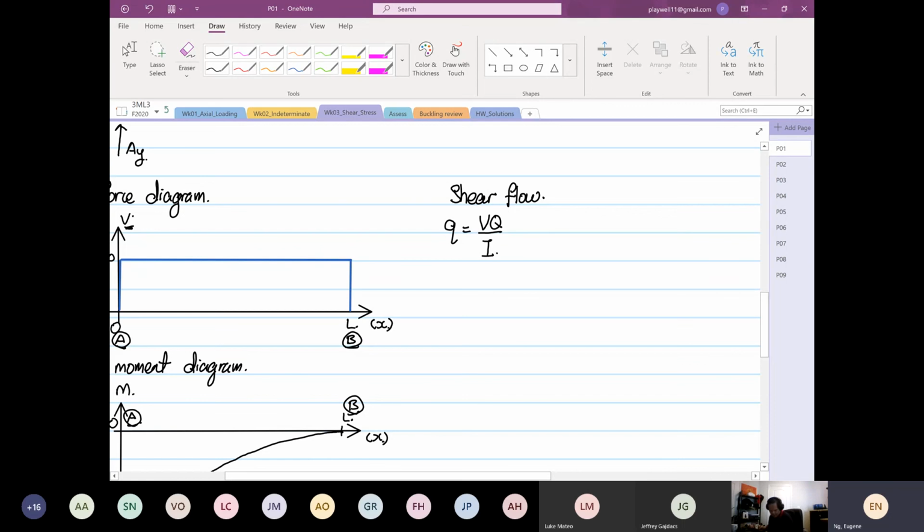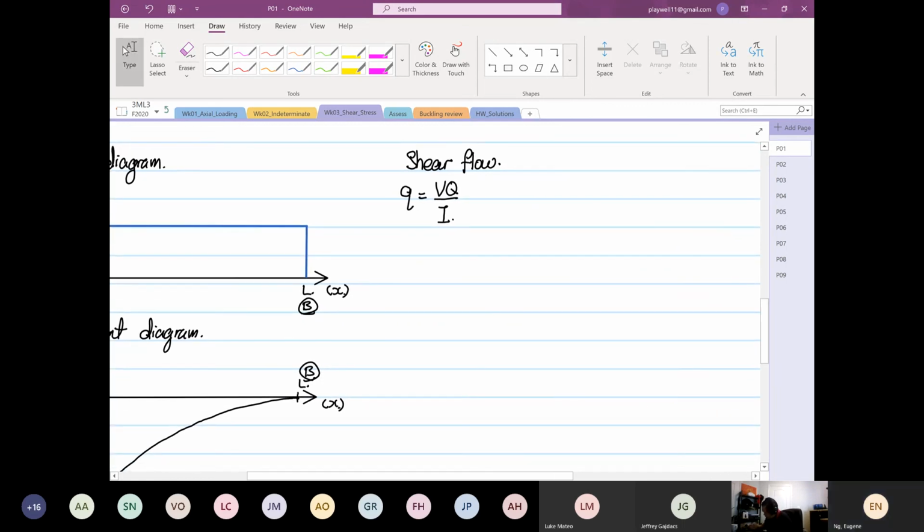Okay, VQ over I, where q is known as the shear flow. q is the shear flow, and the unit is Newton per meter. V is our corresponding shear force, in Newton.